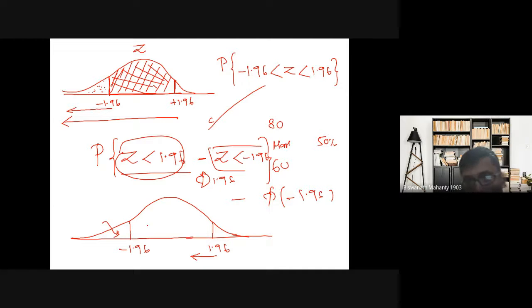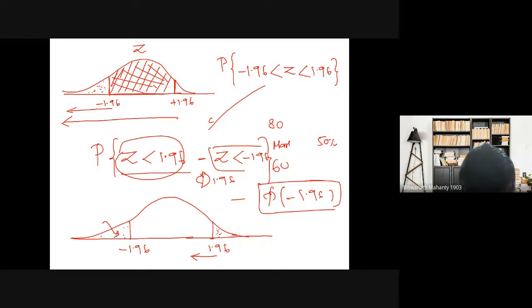But no need to worry. This area, can I say, instead of phi minus 1.96, is equivalent to this area also. This area and this area are the same. Now, what about this area? How much is this area? Then the question comes, this is equal to total area 1 minus anything less than this point, yes or no?